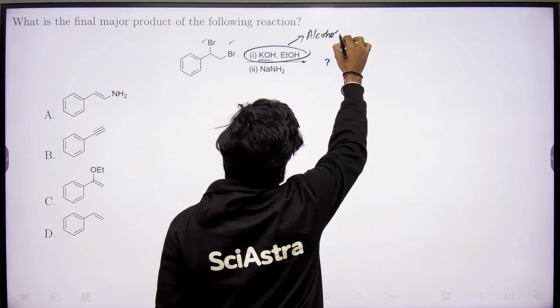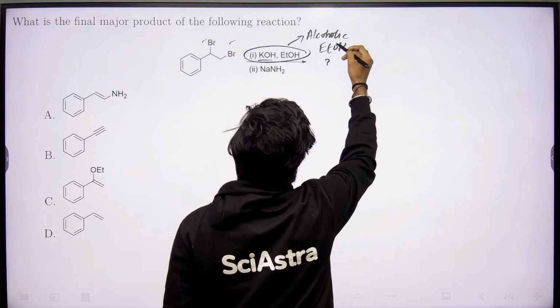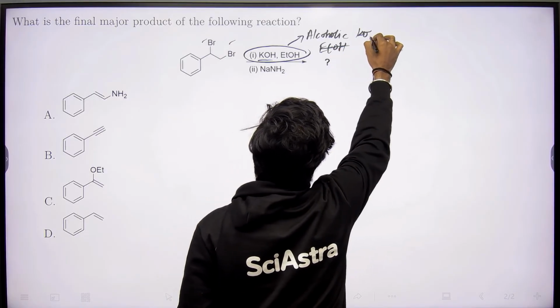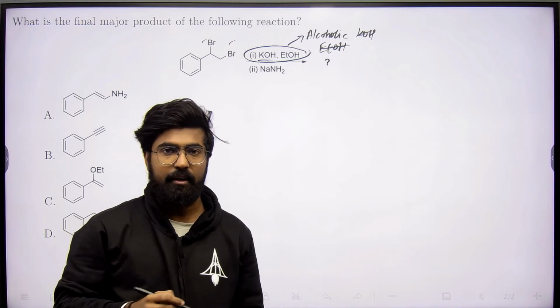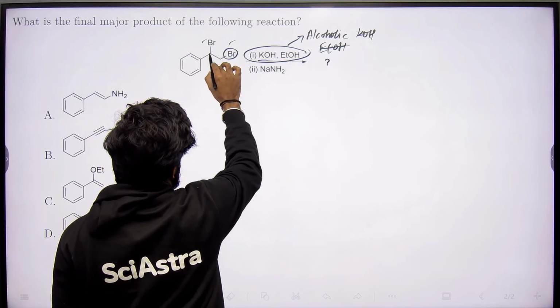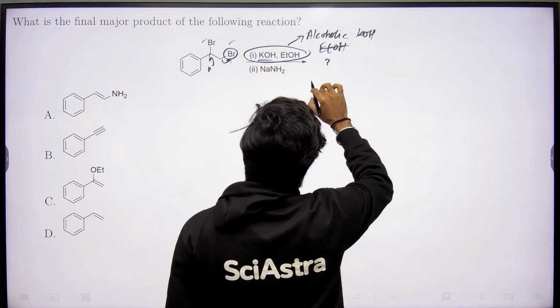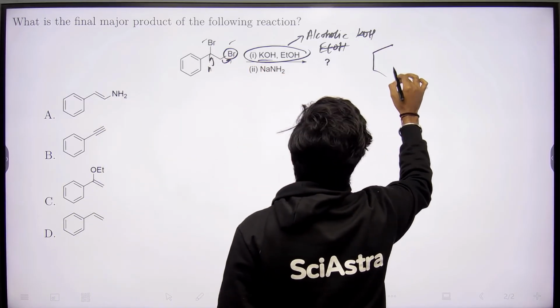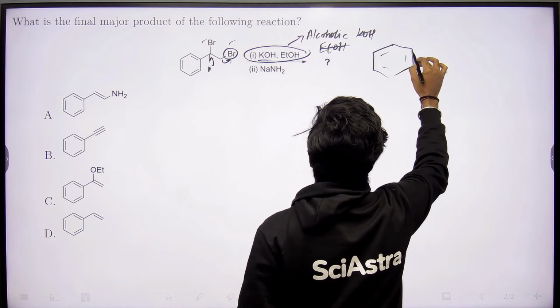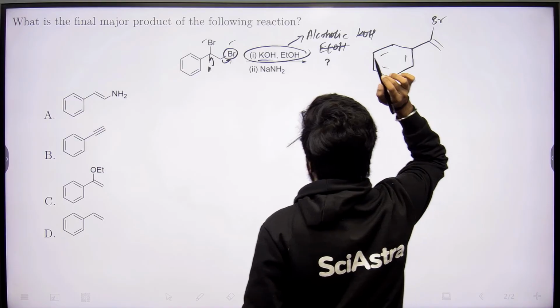And we all know what this mixture of alcoholic KOH does. Elimination, right? So what will happen? Either of these bromines and an adjacent hydrogen will leave this compound and give an elimination product, that is this one, right? Suppose.